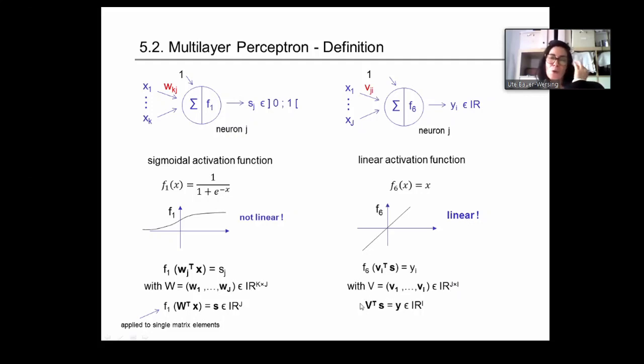Using the transpose of this matrix, multiplying it with the vector that summarizes the output of the neurons in the hidden layer, we get the output Y, which is an I-dimensional vector, and this is the output of our network. This is basically what you should be aware of when you understood what we've discussed so far.